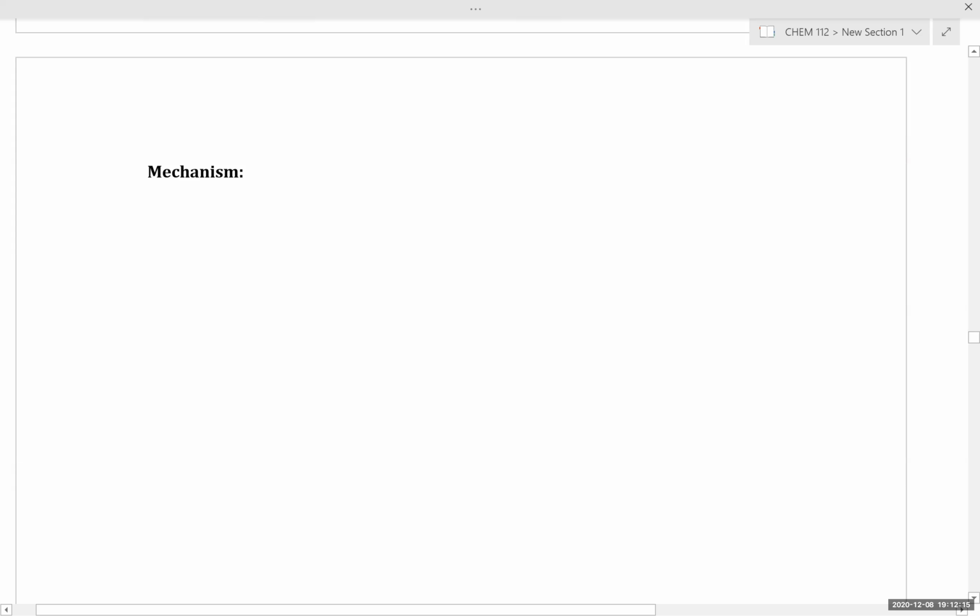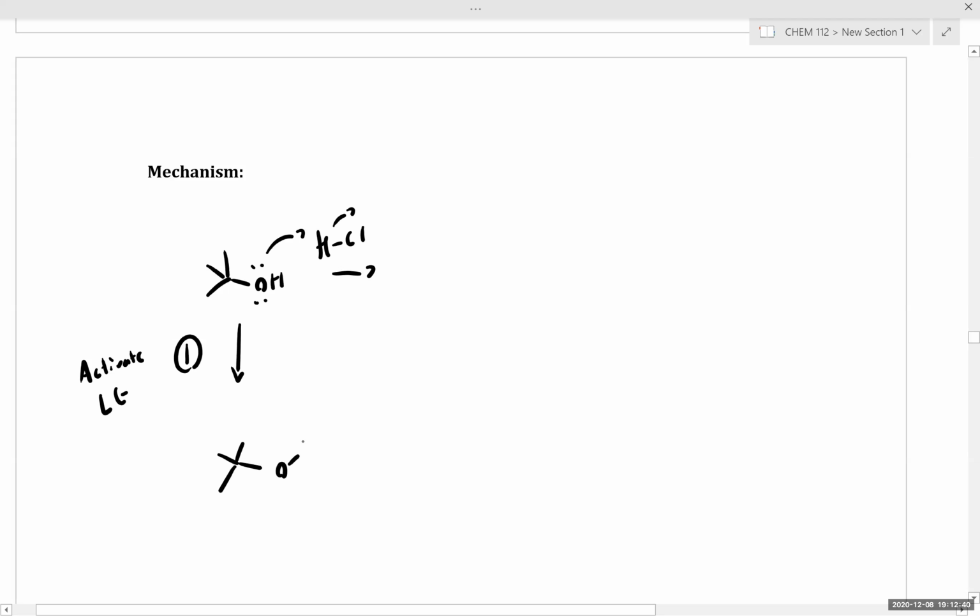So to draw a mechanism for this reaction, if we have our tertiary alcohol and we treat it with hydrochloric acid, in our first step, we will activate our leaving group. Okay, then we observe the loss of our leaving group and we end up generating our carbocation.